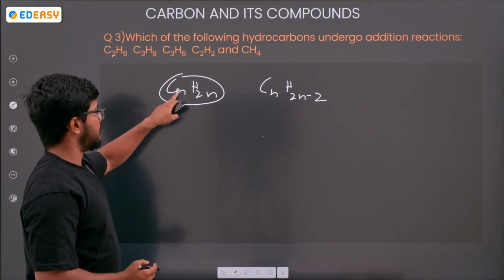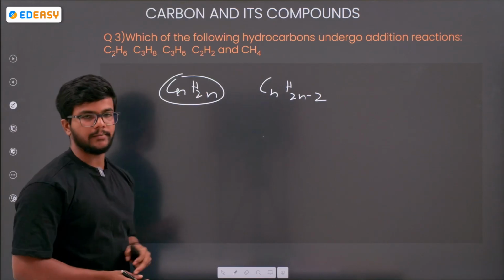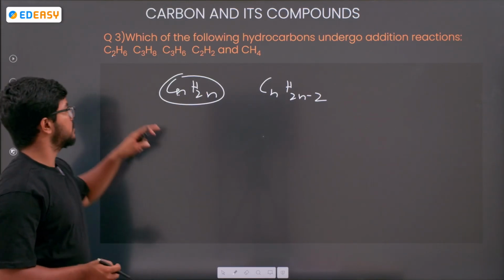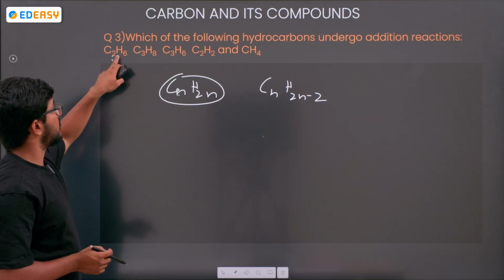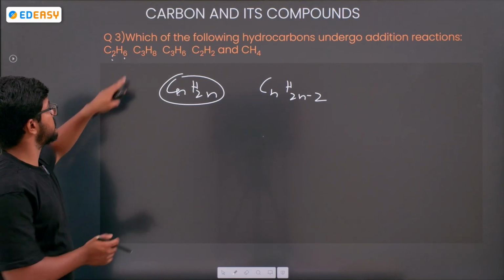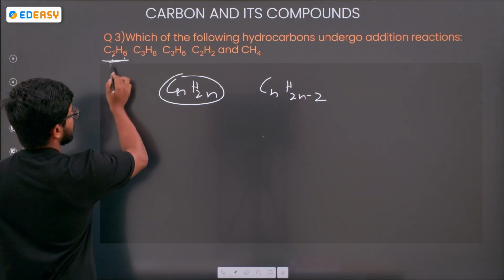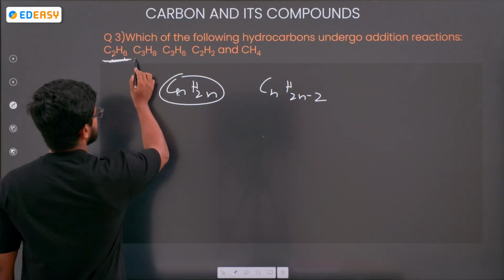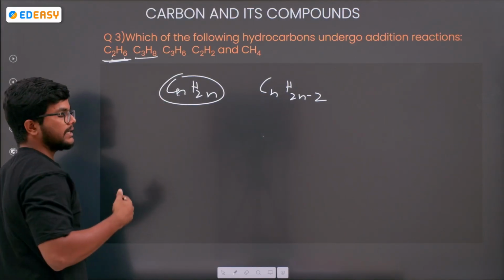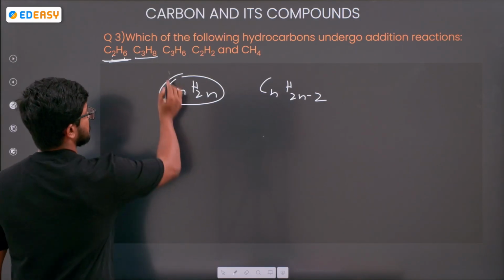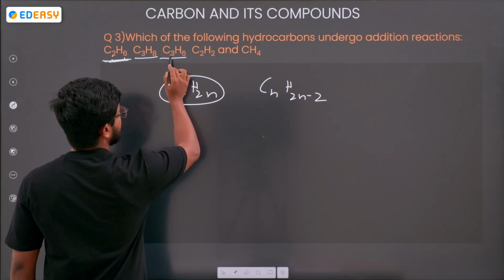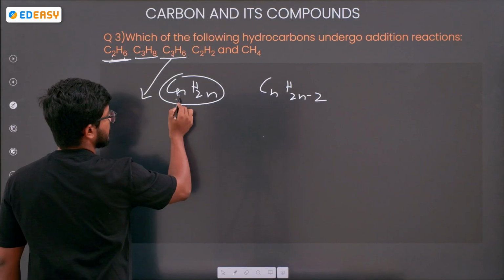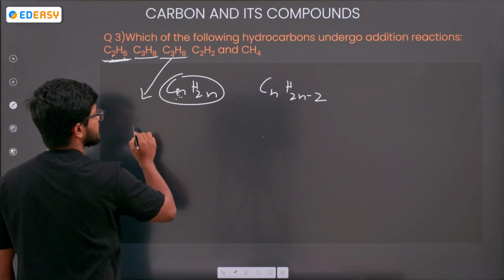For n carbons, you should have 2n hydrogens. So if it is C2, 2 twos are 4, it should be C2H4. So C2H6 is not double bonded, it won't undergo addition reaction. C3H8 is also an alkane, it won't undergo addition reaction. This is C3, 3 twos are 6, a double bonded carbon, so this can undergo addition reaction.